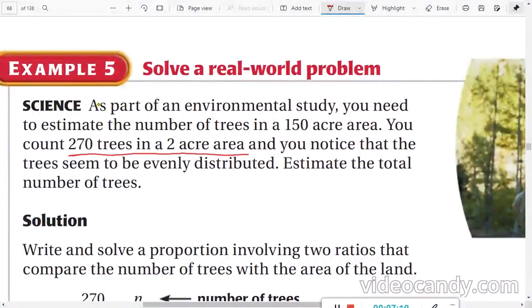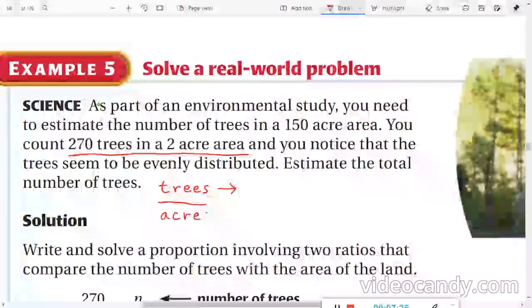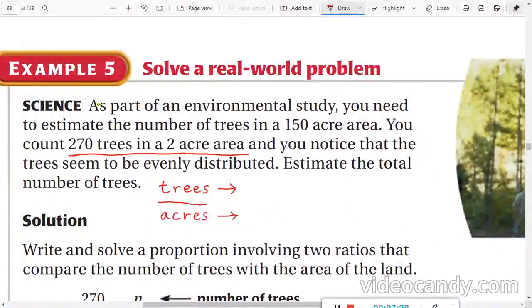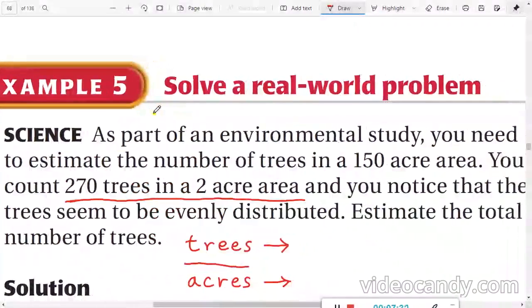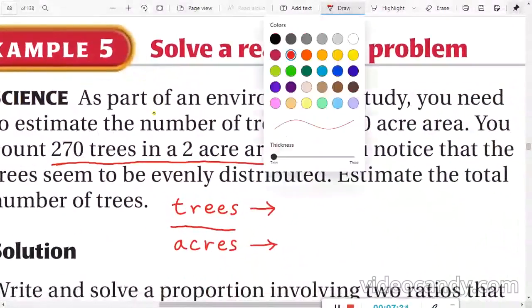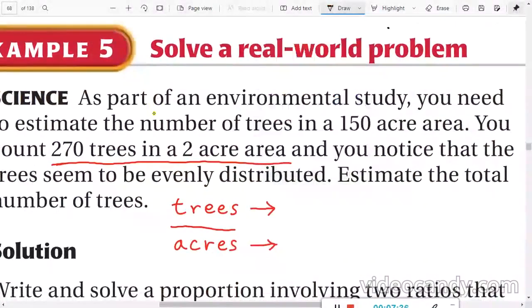All right? So we will put trees in the numerator and area or acres in the denominator. All right. And now we're going to set up a ratio and proportion.